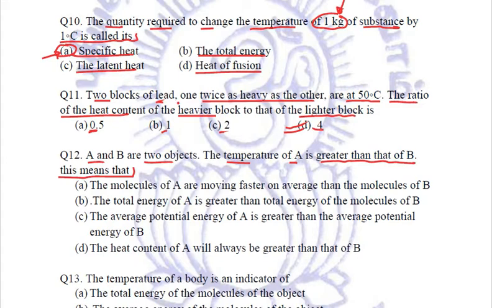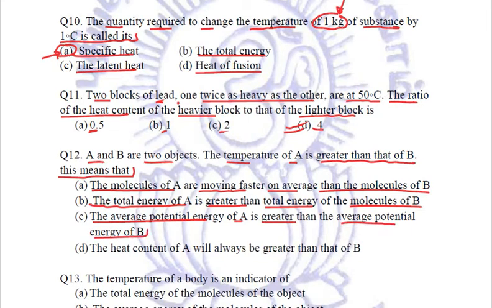The first option is the molecules of A are moving faster on average than the molecules of B, or the total energy of A is greater than total energy of the molecules of B, or the average potential energy of A is greater than the average potential energy of B, or the last option is the heat content of A will always be greater than that of B.